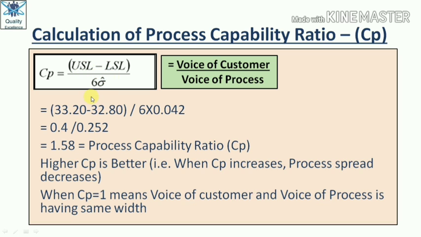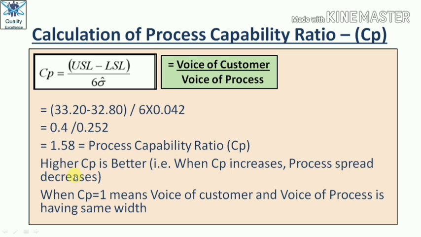So we know our USL, it is 33.20, minus LSL 32.80, divided by 6 into sigma. Our sigma is 0.042. So this calculation will be 1.58, which is nothing but our process capability ratio, known as CP.